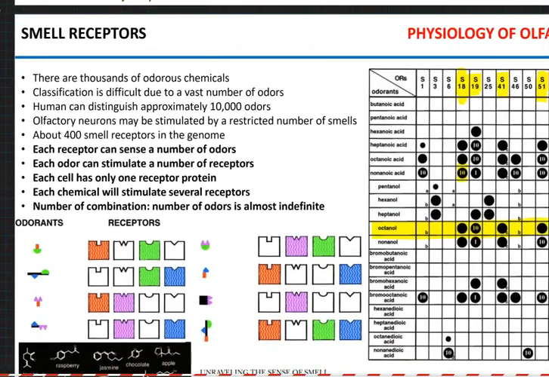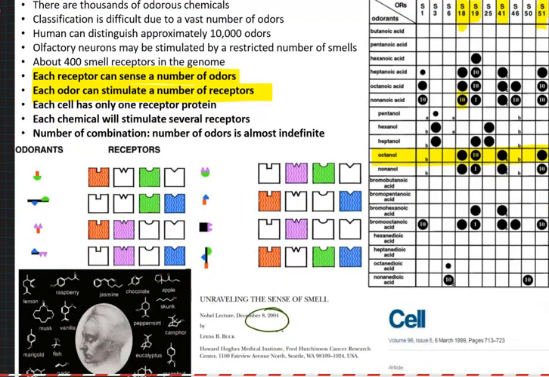So, to summarize, each receptor senses several different odors. Each odor can stimulate several different receptors. Like, look at this example here. So imagine you have an odor like this.